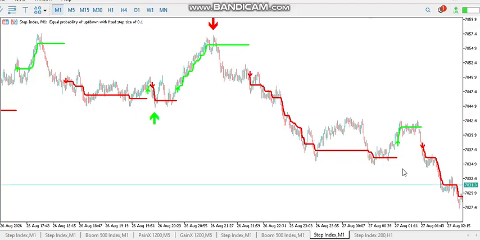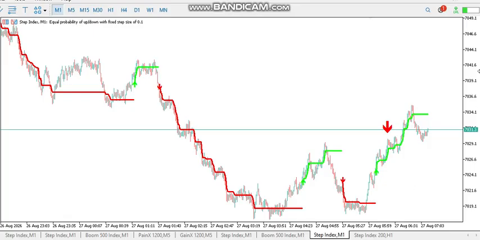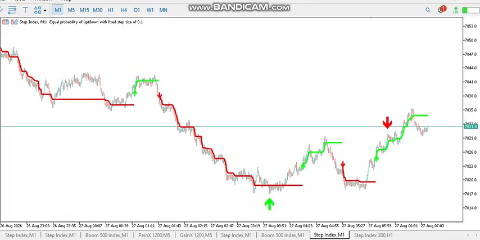And you can see how massive it is. You can trade from here to here, and you can see how massive it is until you have another rejection zone at this particular area.